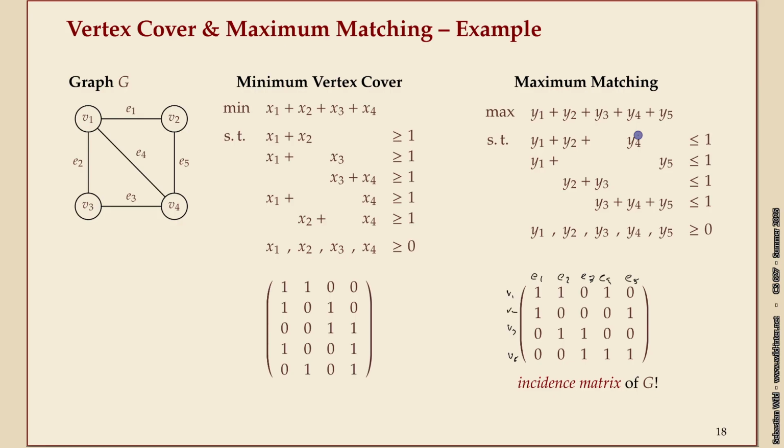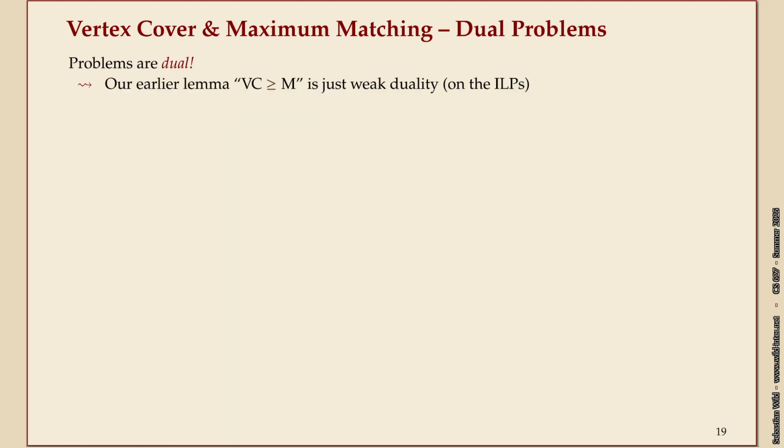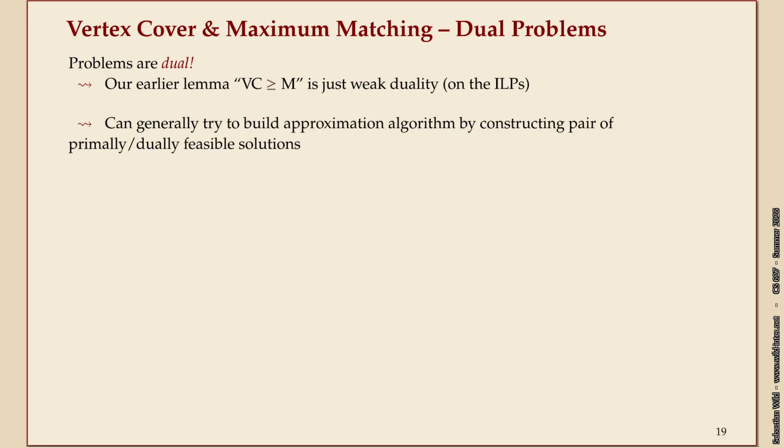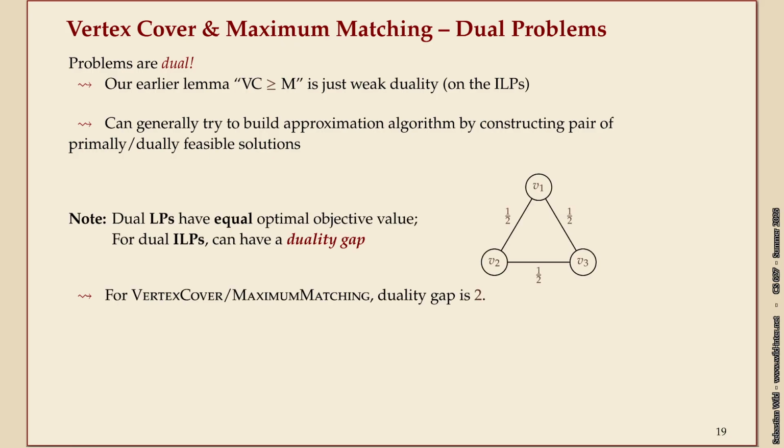It's all not too deep or surprising. But the fact that these problems are dual means our lemma from earlier, that the vertex cover is at least as big as a matching, is just weak duality and nothing more. And it indeed works on the integer linear programs, not just on the linear programs. We'll look at this in a bit more general sense later.